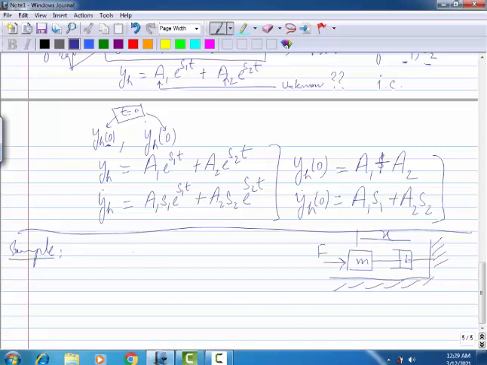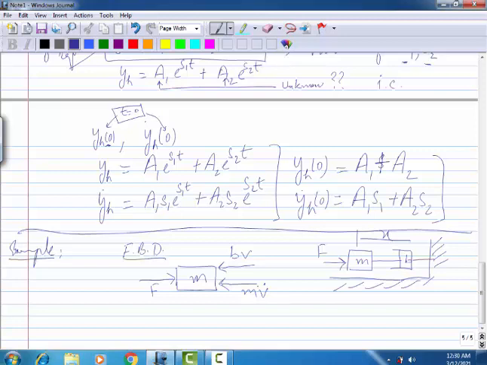So if I look at the free body diagram, I have a mass here and an applied force. I told you that I am interested more in velocity. If you remember the formulation with the damper, velocity is multiplied with the damper coefficient, and also we have mass. If I take the derivative of velocity, it becomes acceleration.